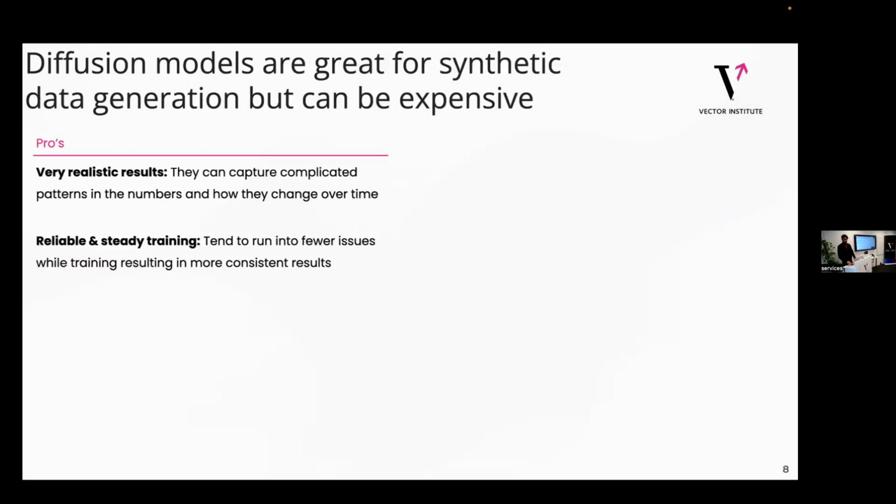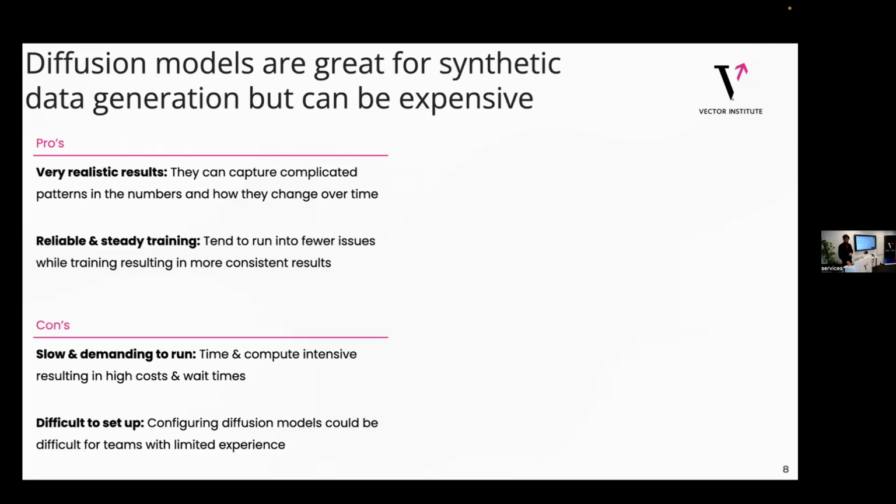So diffusion models are good for a few reasons. They aren't the only type of generative model for synthetic data, but they're very good at creating realistic results and capture complicated patterns. And they're very reliable and steady. They provide consistent results, which is obviously fantastic. The cons being that they're slow and demanding to run, and they're quite difficult to set up.